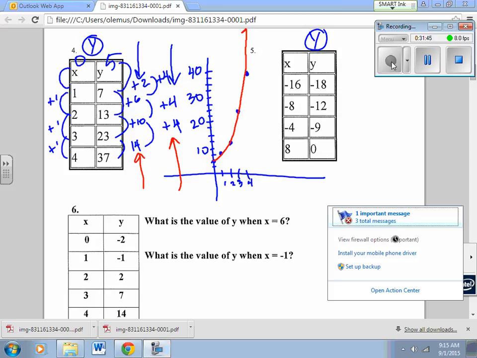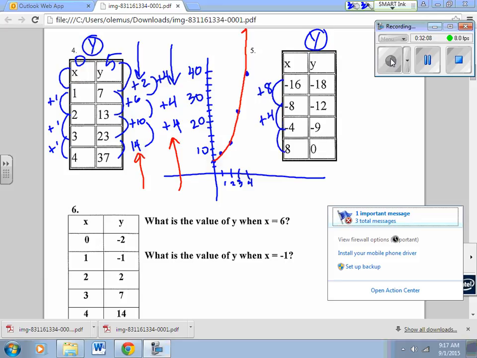All right. Did you guys do this one already? Yeah? No? All right, go ahead and take a minute. Was there anything from negative 16 to negative 8 that you got? Plus 8? All right, how about the next part? Plus 4? Okay.